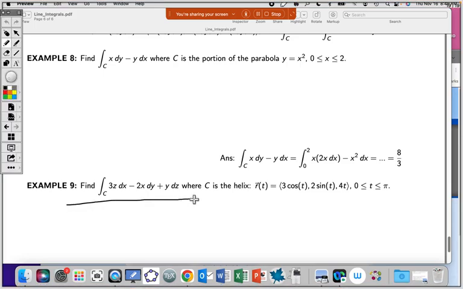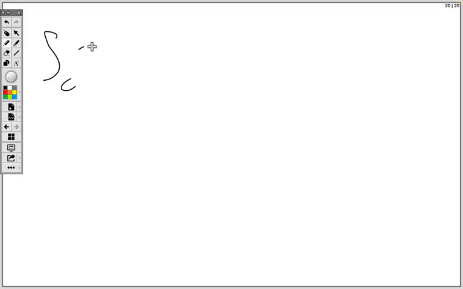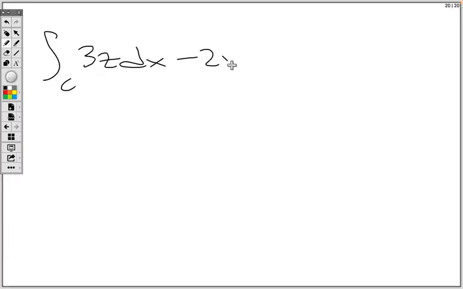All right. Find this integral where C is the helix r of t equals 3 cosine t, 2 sine t, 4t, t goes from 0 to pi. So we've got 3z dx minus 2x dy plus y dz.